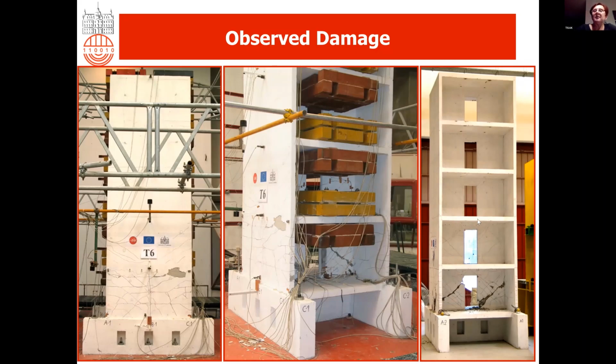You can see that these slabs are quite thick, and because of that, we got very strong coupling of the piers. Because of that, these two piers responded as one cross-section, not as two piers.